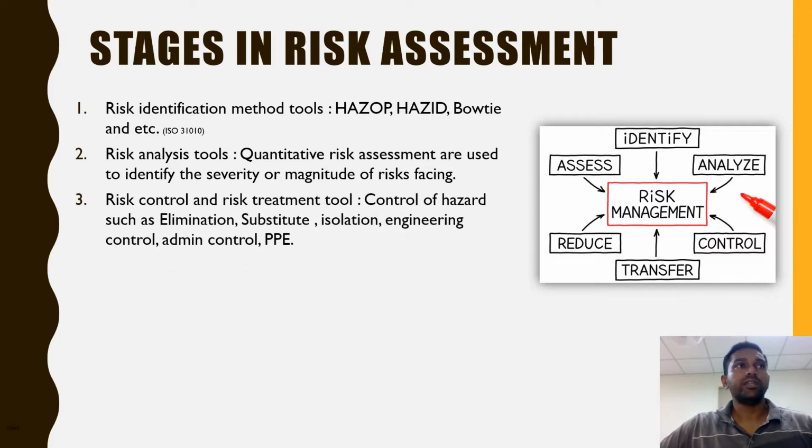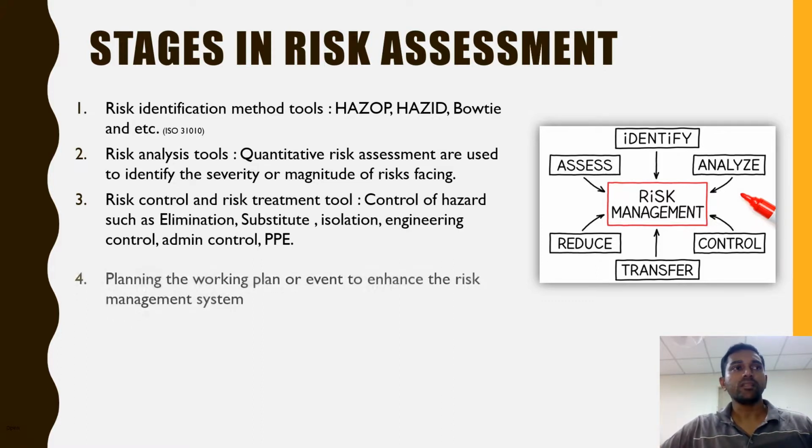Then we go to risk control, how we want to control the risk in our organization. First there is elimination, how we want to eliminate. We need to brainstorm and come up with an idea. Second, substitution, isolation, engineering control, admin control, and PPE, the last resort. Okay, so this is the risk control system that we can take into our organization.